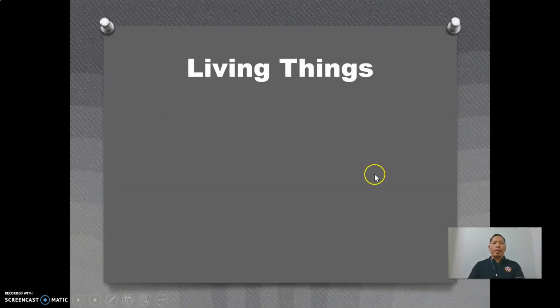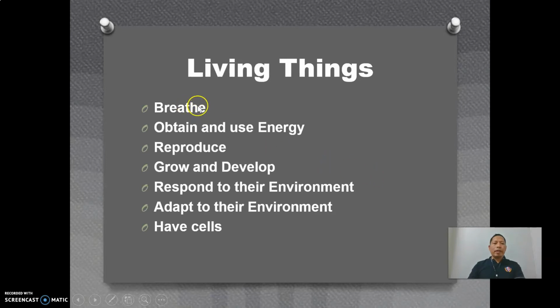Now, to recap, living things can breathe. Living things can obtain and use energy. Living things can reproduce. Living things can grow and develop. Living things can respond to their environment. Living things can adapt to their environment. And lastly, living things have cells.